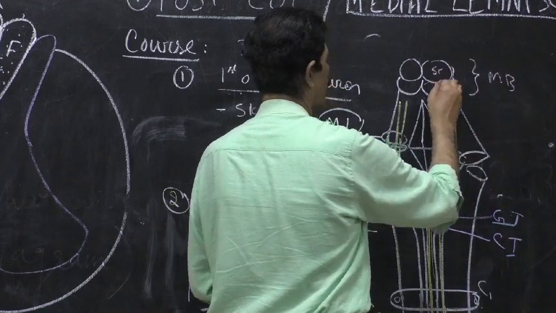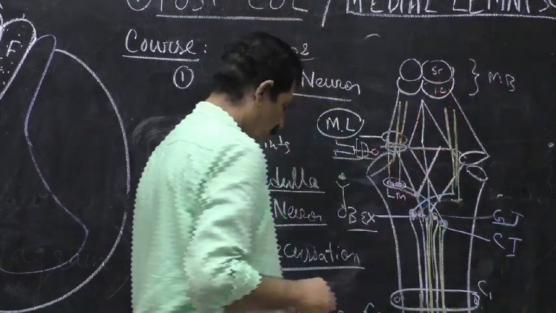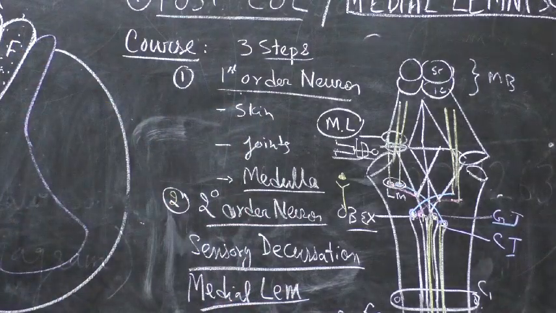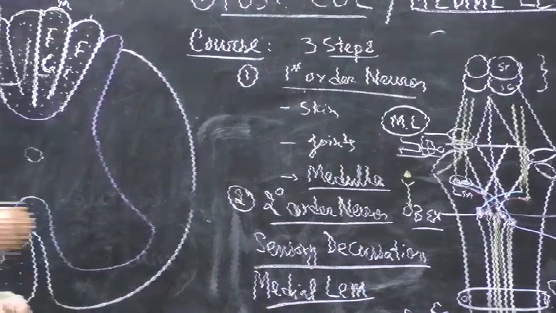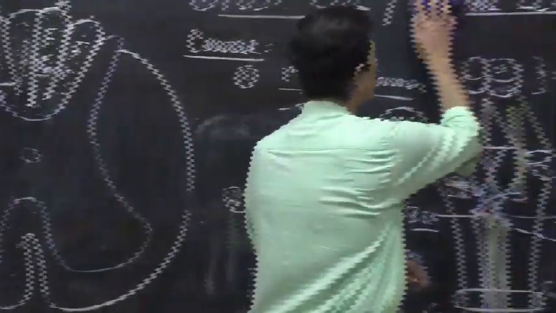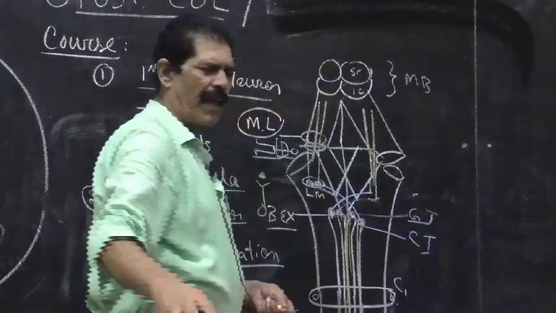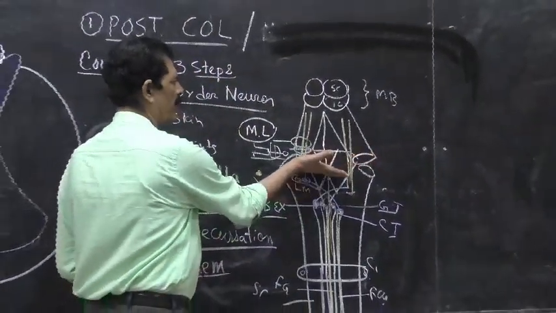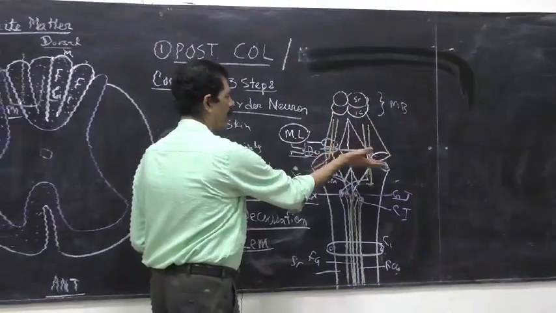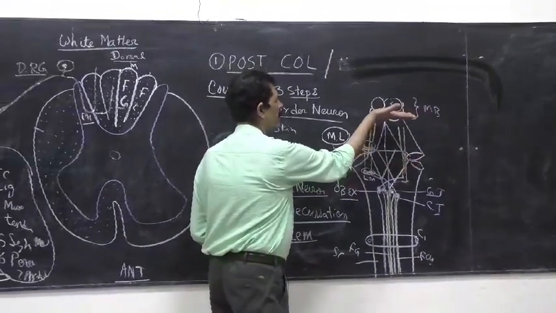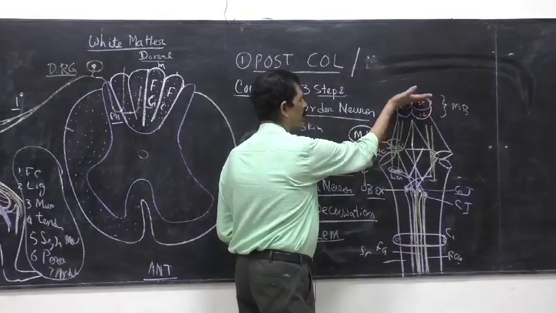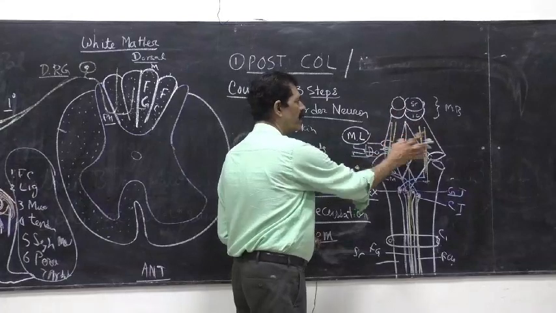This is superior colliculus and inferior colliculus. So now these fibers enter from the pons into the midbrain, and they ultimately reach the midbrain as medial lemniscus. So in every transverse section of the lower pons, upper pons, medulla, as well as the midbrain section at the level of superior or the inferior colliculus, we always make the medial lemniscus.